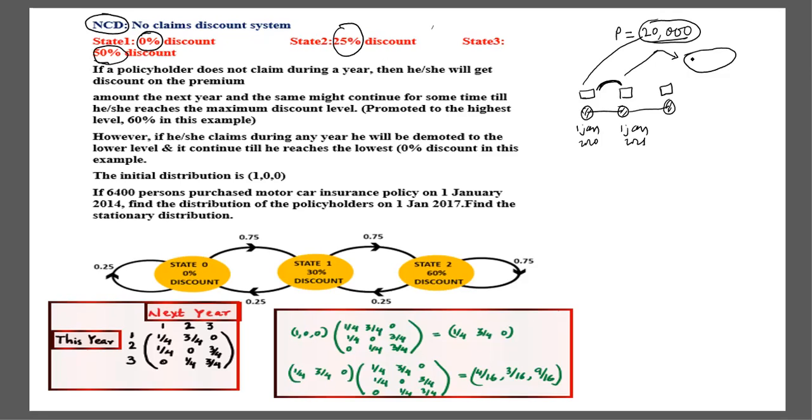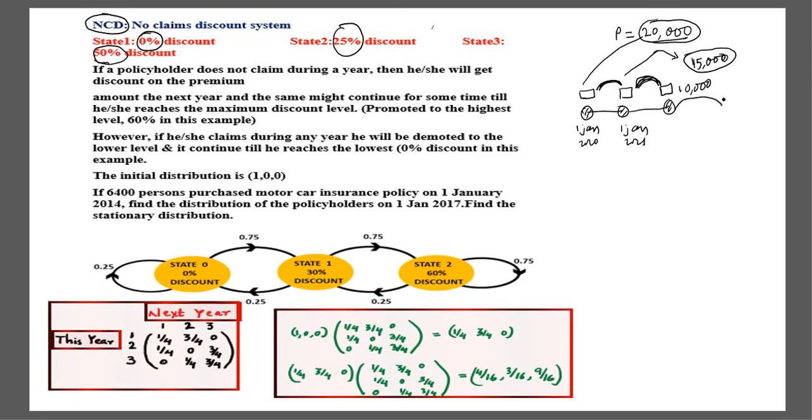One fourth means 5,000. Next time you have to pay only 15,000. The next year, if it's a claim free year, then they will give 50% discount on the main premium. That means you have to pay 10,000 only.